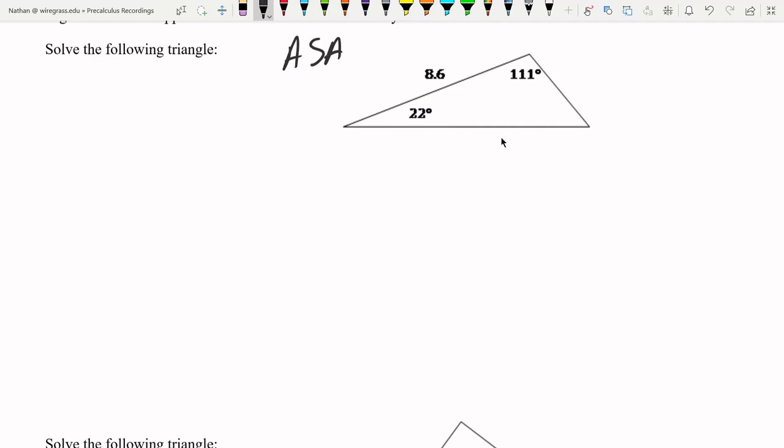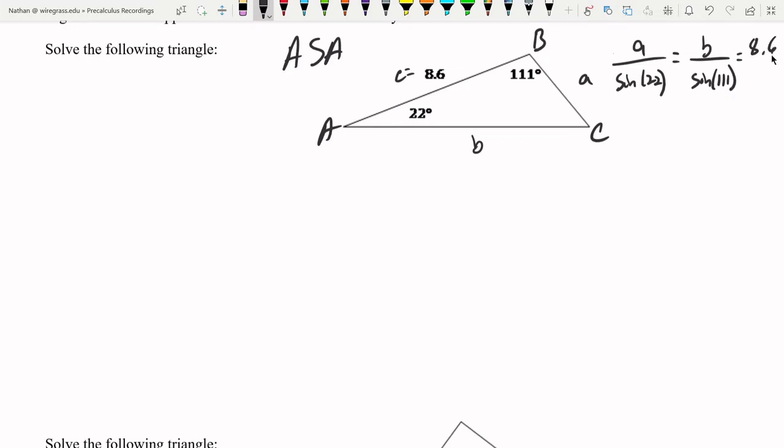I could say this is, let's do A, B, C. I know this would be C. This is A, this is B. I know A over sine A is 22 equals B over sine B, which is 111, equals C over sine C.